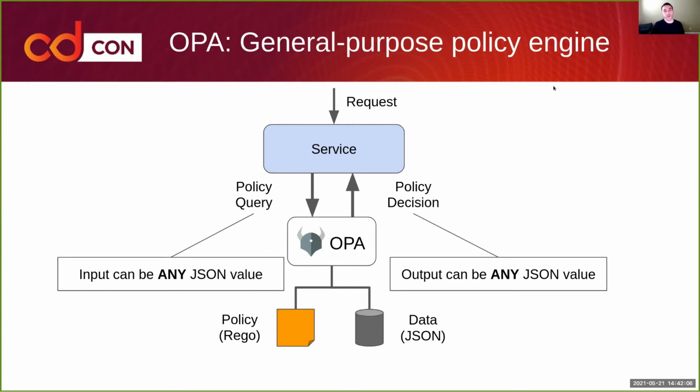The service then queries OPA by passing it JSON as input as shown on the left. OPA then uses the policy and the data it has access to evaluate the query and returns the result to the service in JSON format as shown on the right. The service then interprets the decision result in order to enforce the policy.